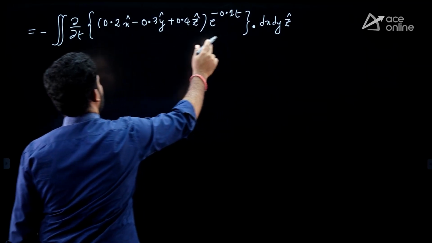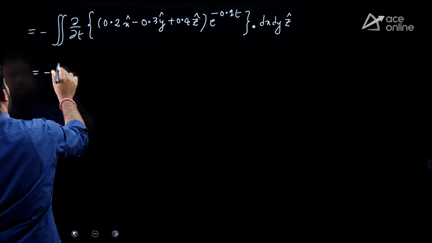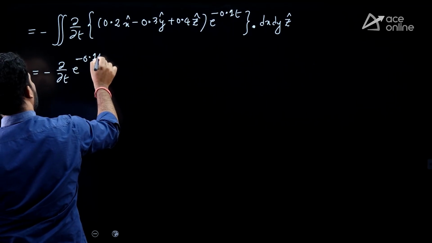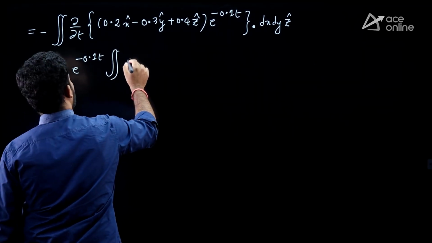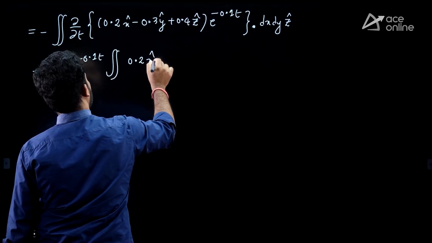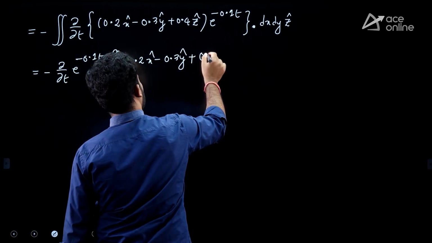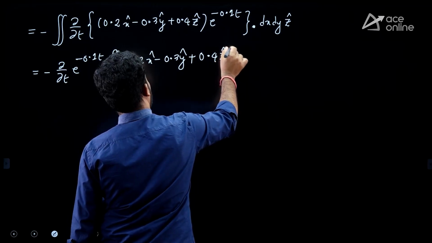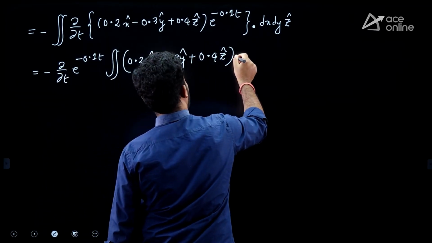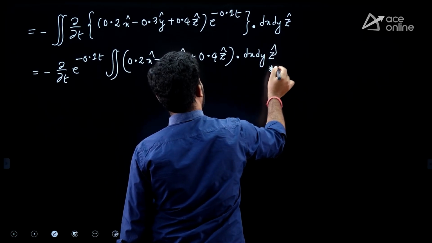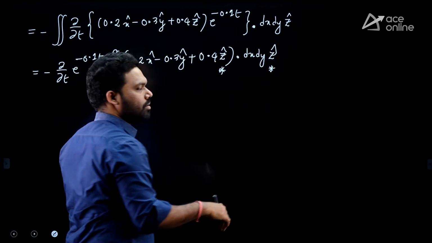Now bring this differentiation with respect to time outside. It is minus dou by dou t of e to the power of minus 0.1 t. So it is 0.2 x cap minus 0.3 y cap plus 0.4 z cap, dot product with dx dy z cap. So here the z component of this dot product will remain.